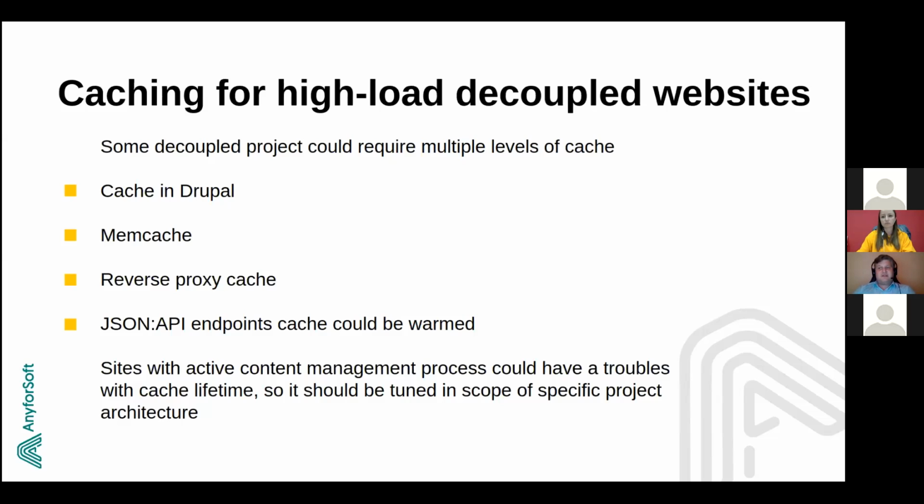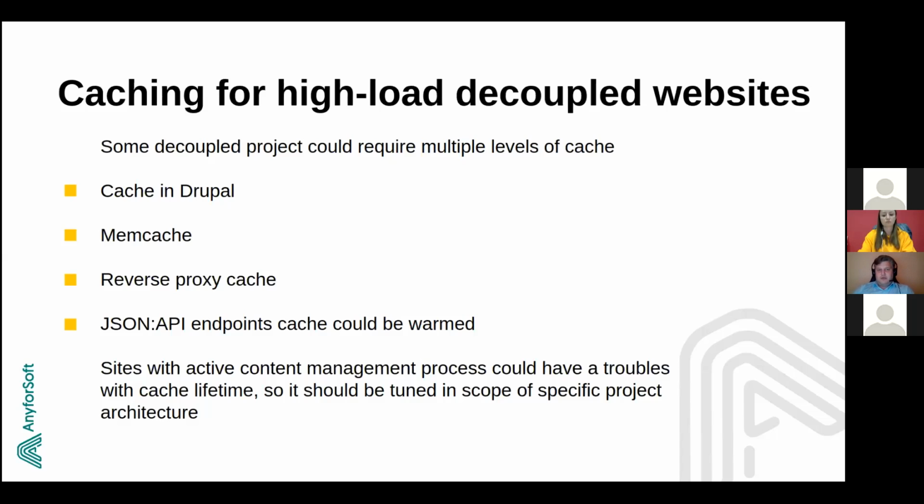When we have authorized users, it's not too useful, but when most users are anonymous, the reverse proxy cache could be a really good solution, because already cached values will be returned by the proxy cache without interrupting and without running any backend operations. And our backend infrastructure will have resources for doing other things.